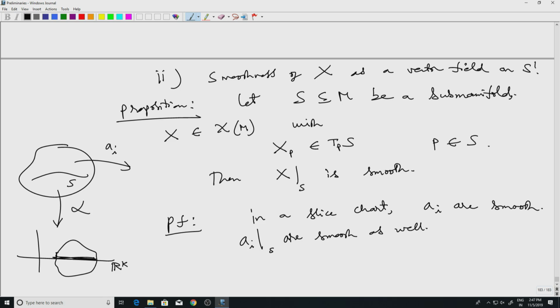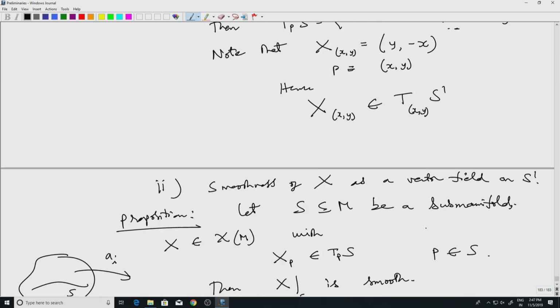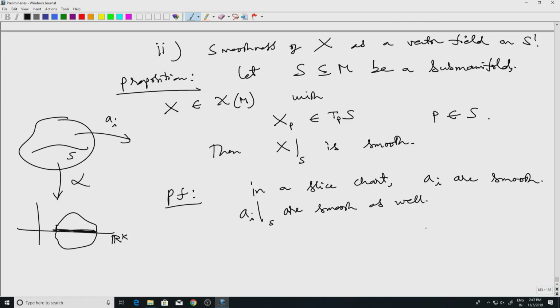Actually, this does not involve anything, it's just a statement about smoothness. The earlier remark that I made, that if you have a smooth map on a manifold, then its restriction to a submanifold is also smooth. That's all that I'm saying. But the slice chart condition is used because of these coordinate vector fields that I get here.